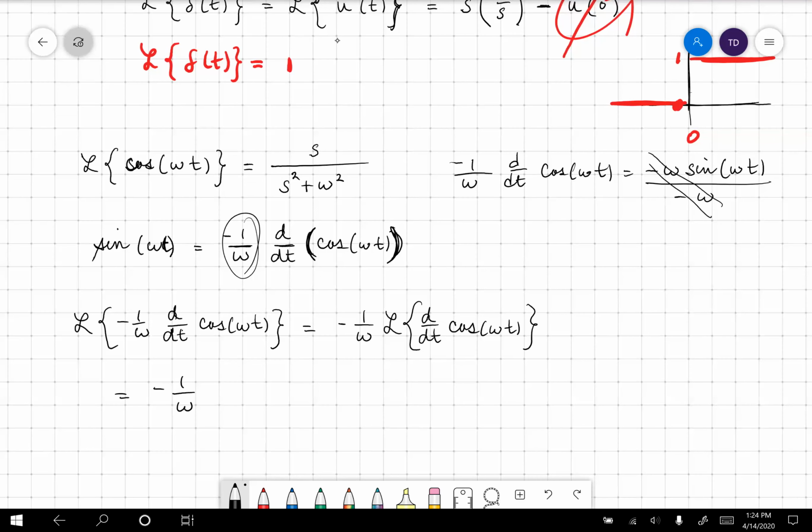Minus 1 over omega. Now, the derivative is going to be s times the Laplace transform of cosine of omega t. So that's going to be s times s over s squared plus omega squared minus cosine of 0. What's the cosine of 0?